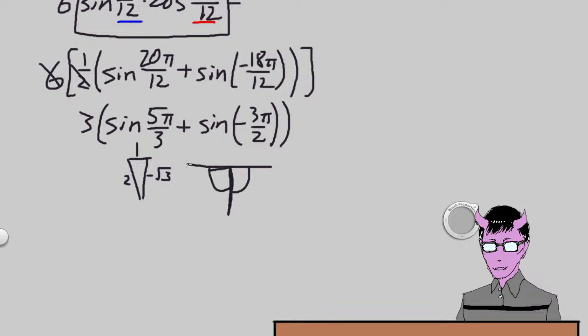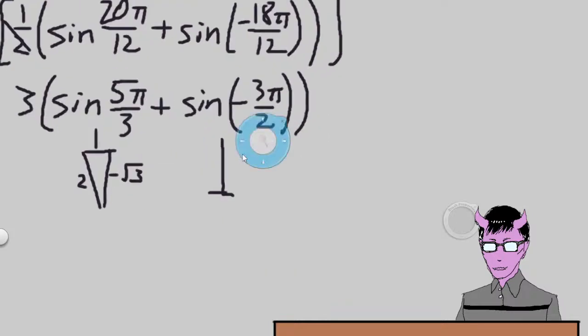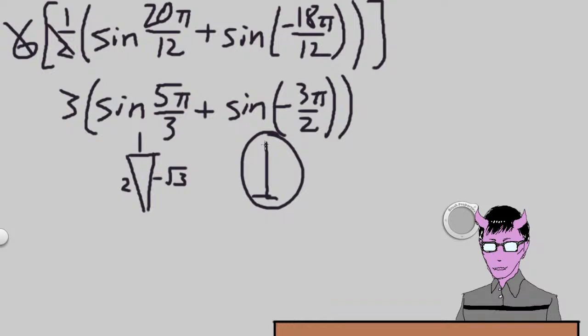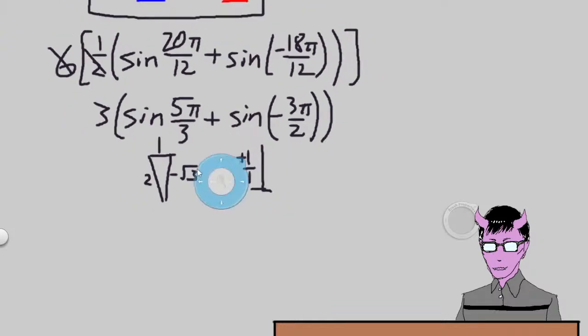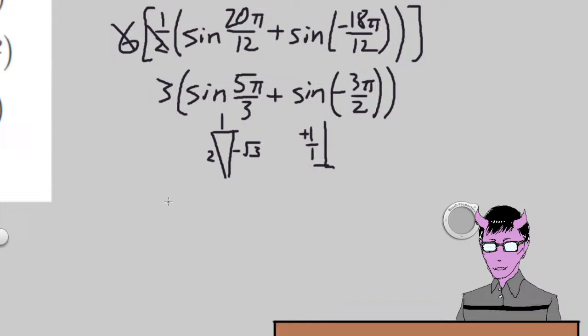This is going to be negative pi. So that one is going to be negative 3 pi over 2. So it's the one pointing upwards, the quote-unquote collapsed triangle. Sine, this is going to be 1 to 1 with a positive. Alright. So sine of this one is negative root 3 over 2.